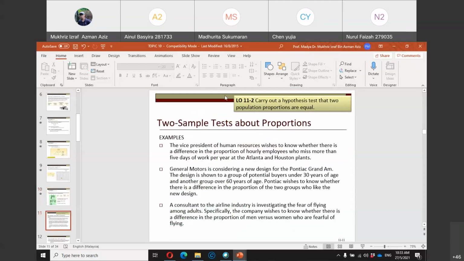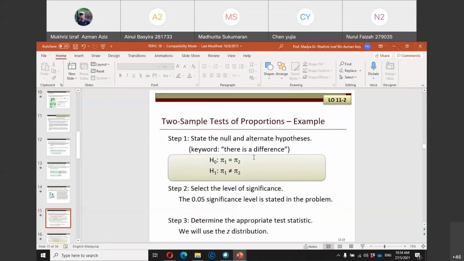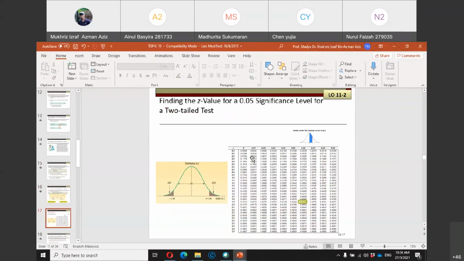On the proportion, I will skip this part first, because as I mentioned just now, the focus will be more on the t-test, followed by the z-test that we just covered.